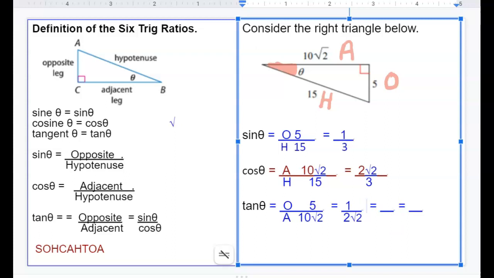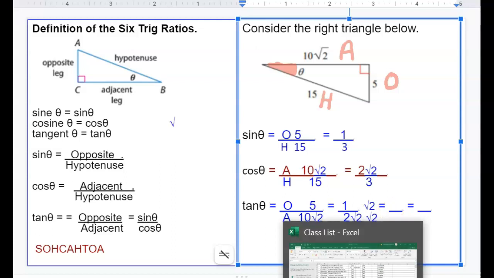So here we're going to multiply the numerator by the square root of 2, and we would also multiply the denominator by the square root of 2. Now, at the numerator, 1 times square root of 2 will just be square root of 2.